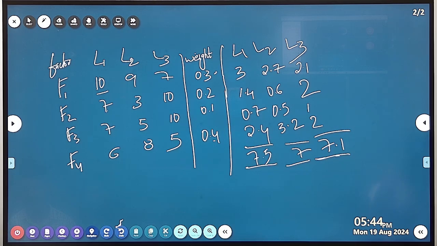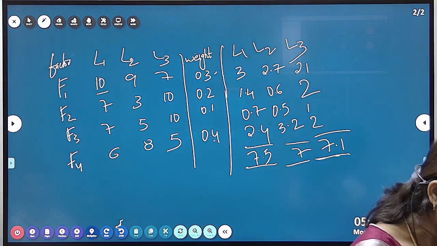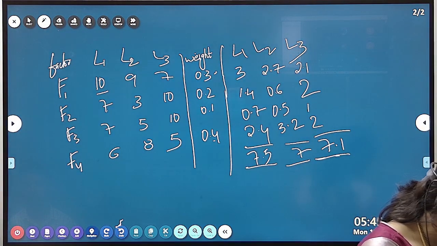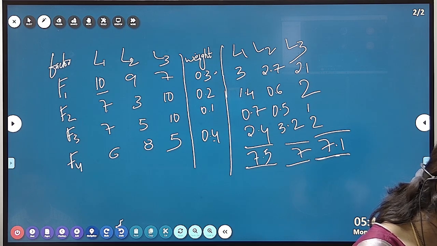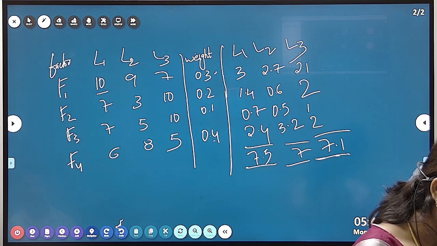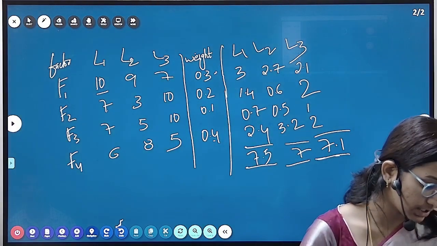The coordinates of the locations, latitudes and longitudes, and the volume of customers, that is the average number of customers in a day, are given in the following table. So what are the four locations?